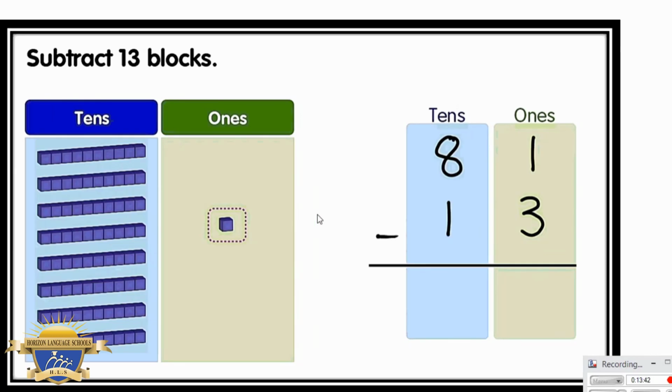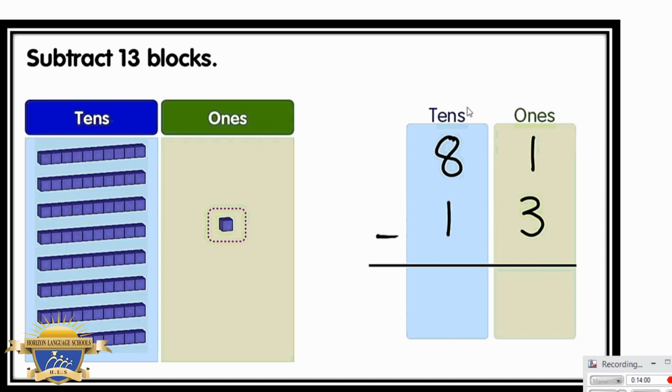The next example is 81 minus 13. Now we will represent the number 81. We have 1 in ones and 8 in tens.